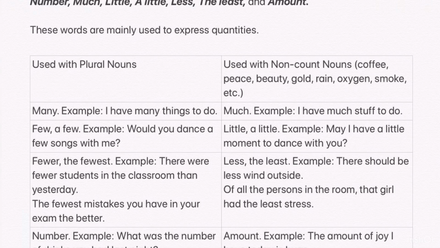There should be less wind outside. Wind is our non-count noun because we cannot say, there is 5 winds outside. No. And finally we have amount. The amount of joy I have today is huge. Joy. We cannot measure joy. And that's it, guys. It's actually really simple.